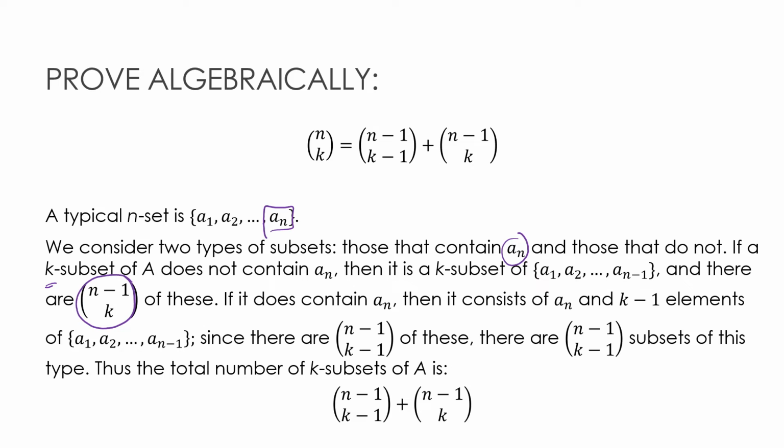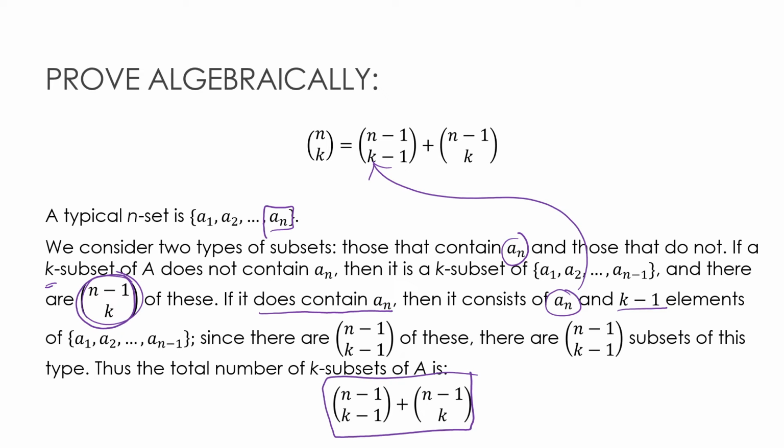If it does contain a sub n, then it consists of a sub n and not k elements, but k minus 1 elements, because I've already said this guy. So instead of k, it's k minus 1. So that's this guy. Since there are n minus 1 choose k minus 1 of these, and there are n minus 1 choose k of the other subsets, my total number of subsets looks like this.